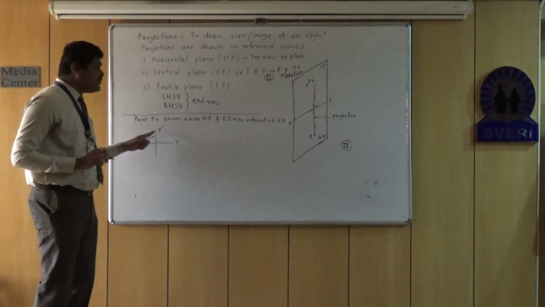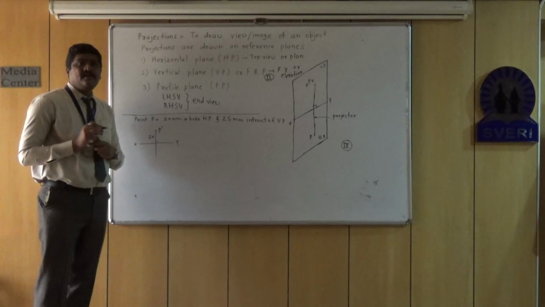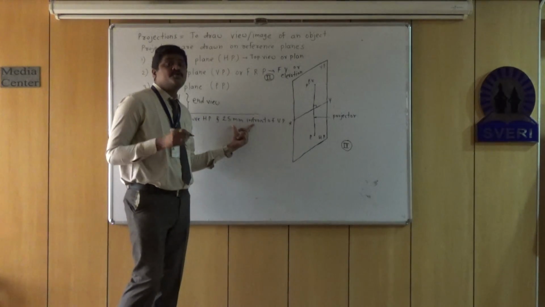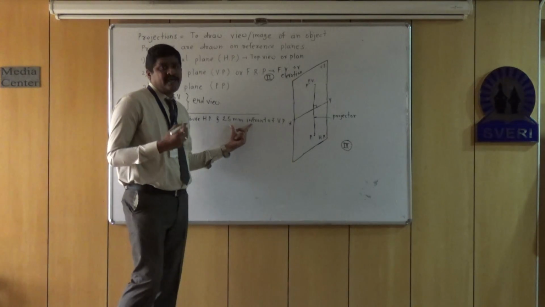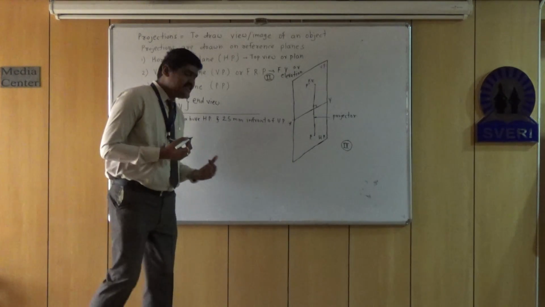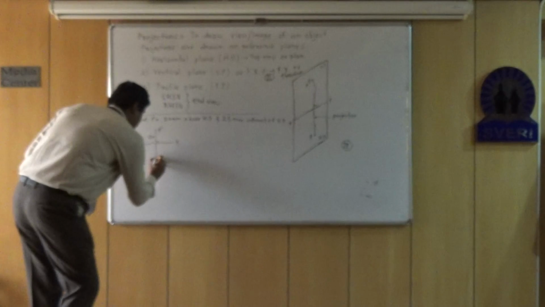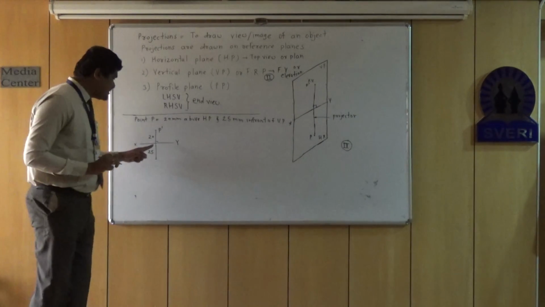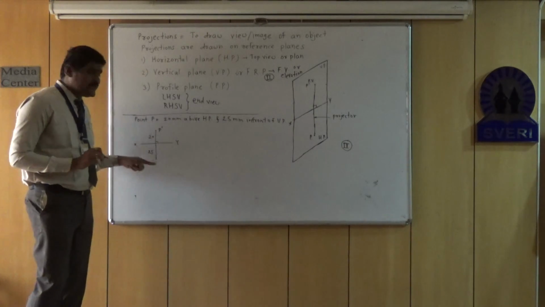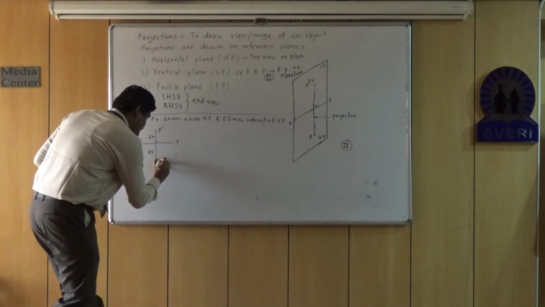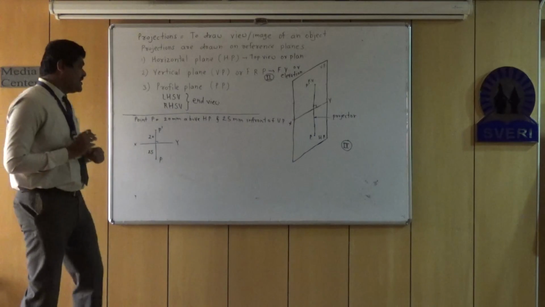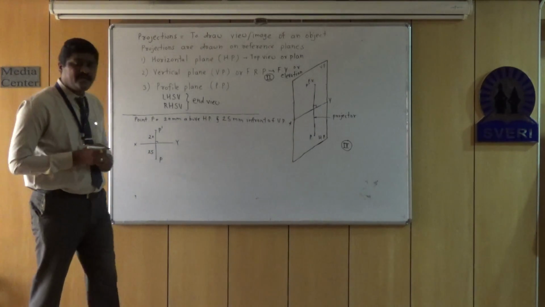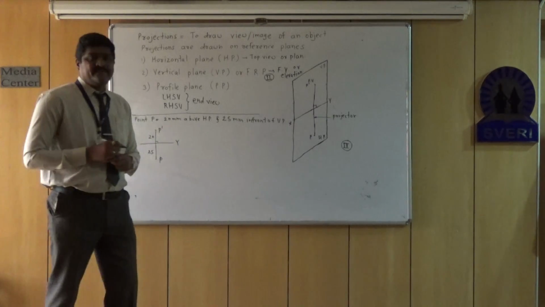This is nothing but P dash, front view of point P. Similarly, the distance in front of VP should be marked below XY. So in this case, distance in front of VP is marked below XY, and we will get point P, which is nothing but the top view of point P below XY.